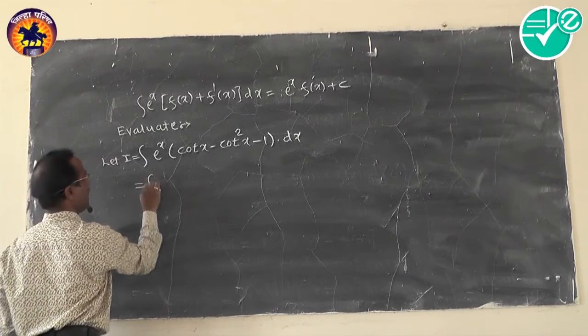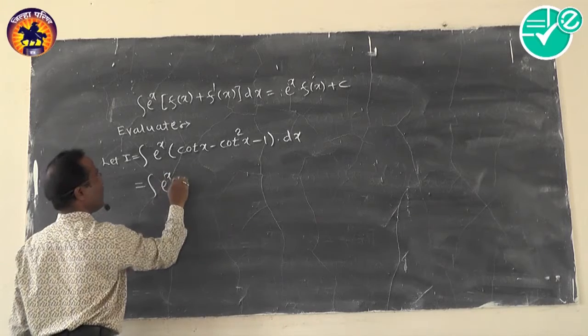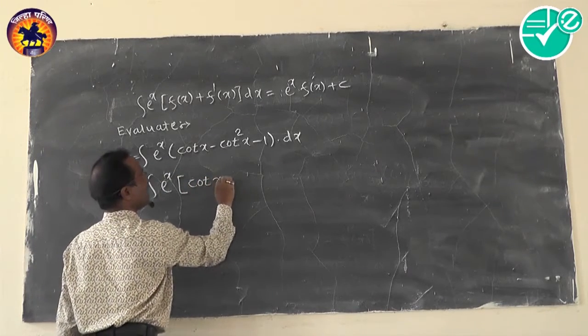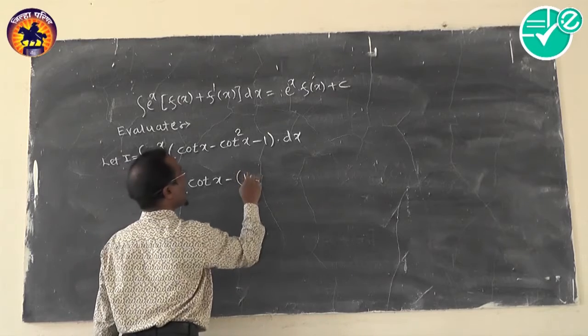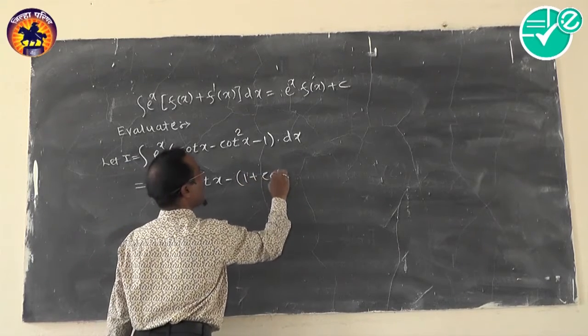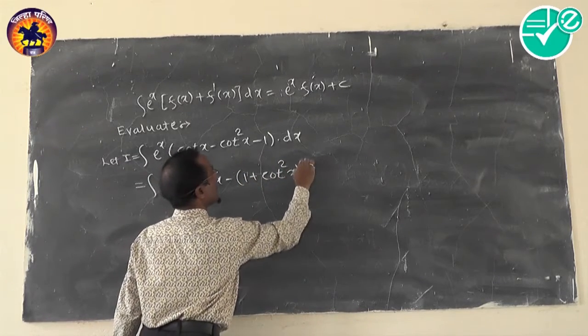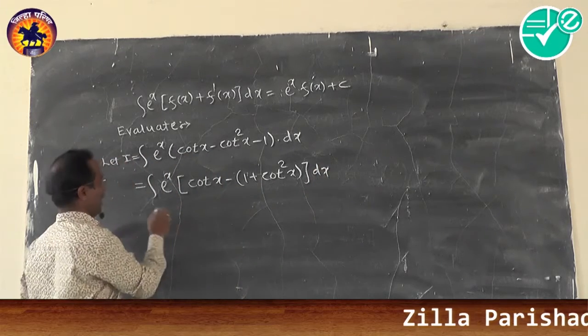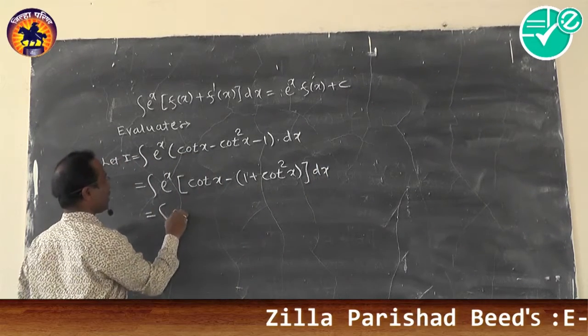Now this can be written as integral of e to the power x into cot x minus, taking common, we get 1 plus cot square x dx, and 1 plus cot square x can be written as cosec square x.